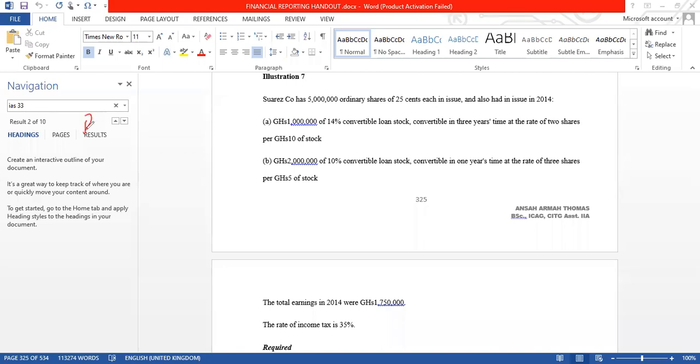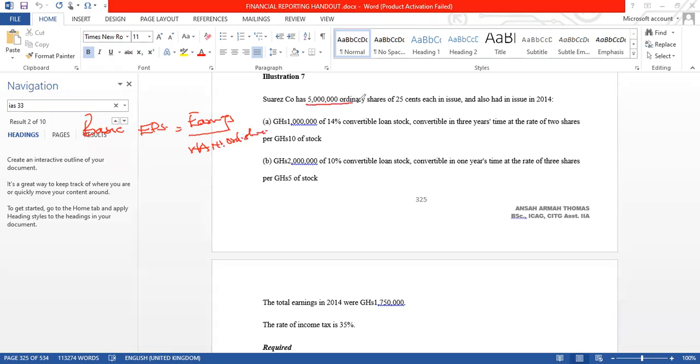So basic EPS, what is going to happen is that we have our earnings, and when I say earnings, it's earnings available to ordinary shares, by what? Weighted average number of ordinary shares, all right, for the period.